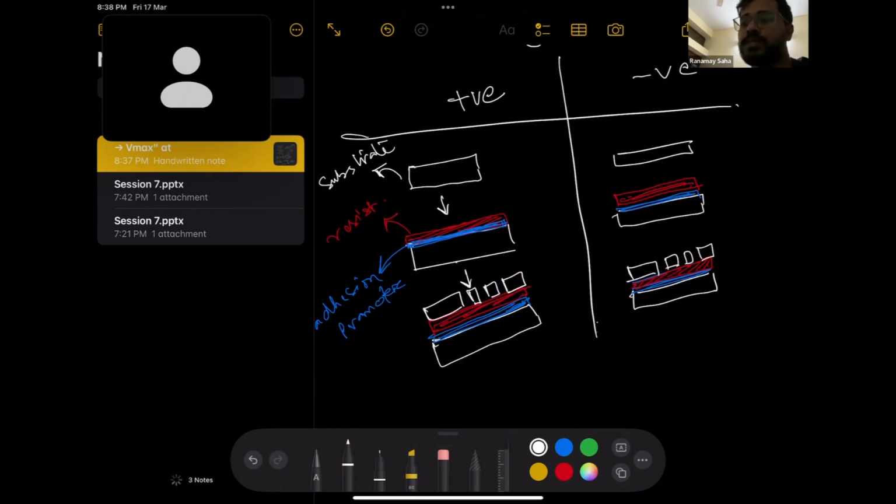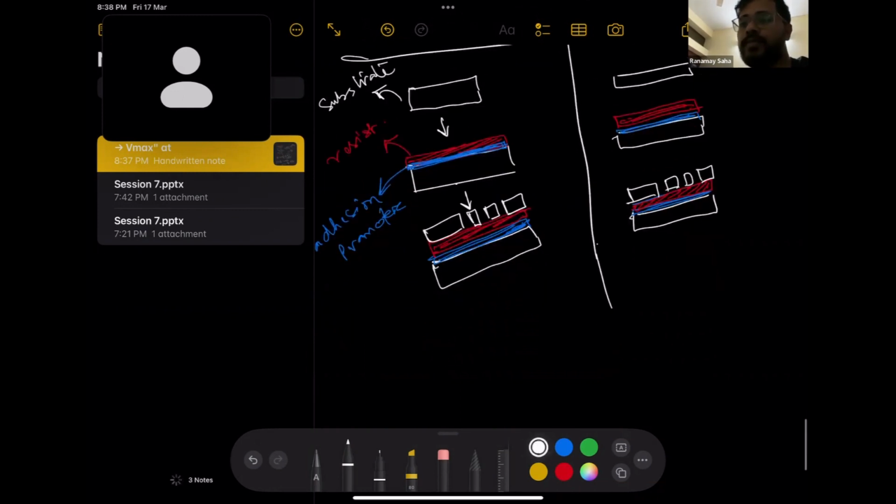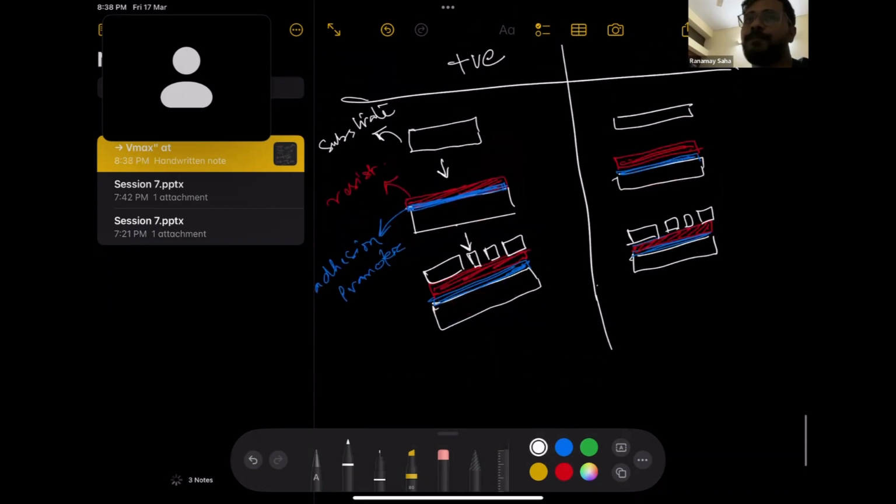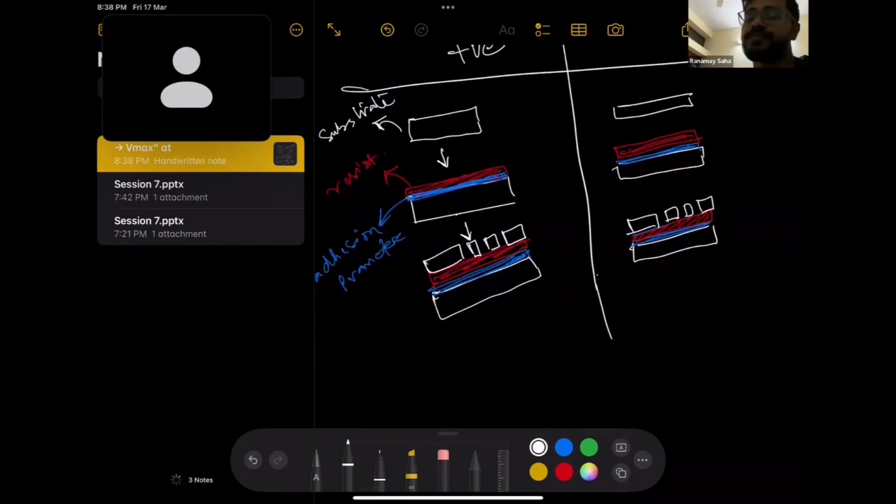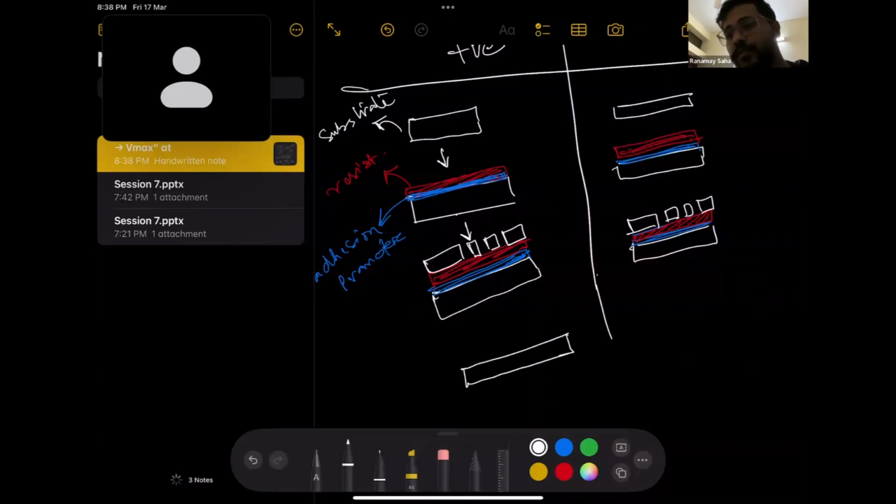So what happens is, when you have used a positive photoresist, any of the regions which have been exposed will wash away.